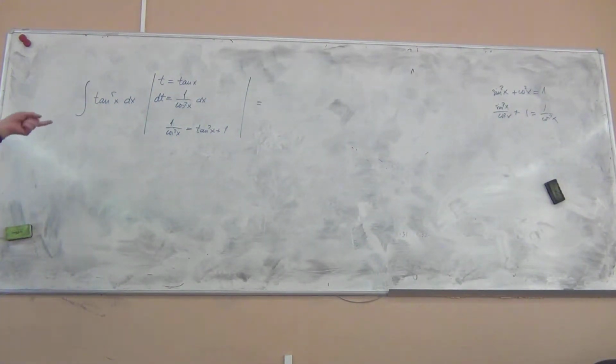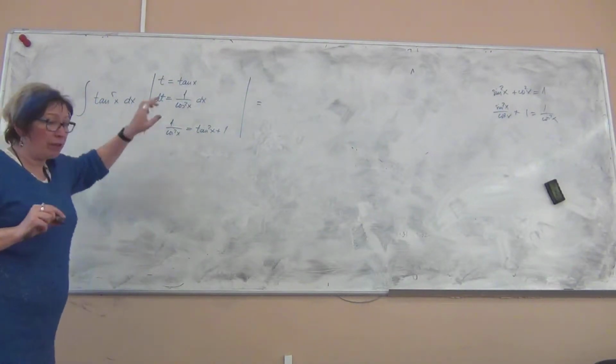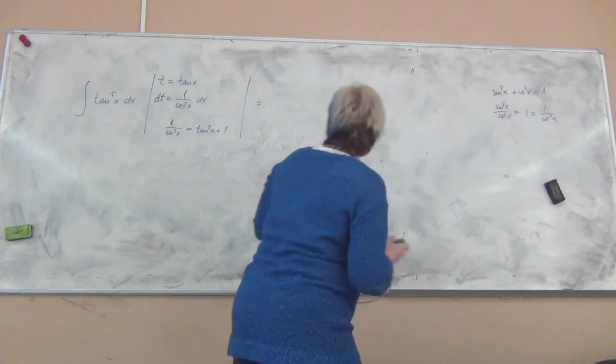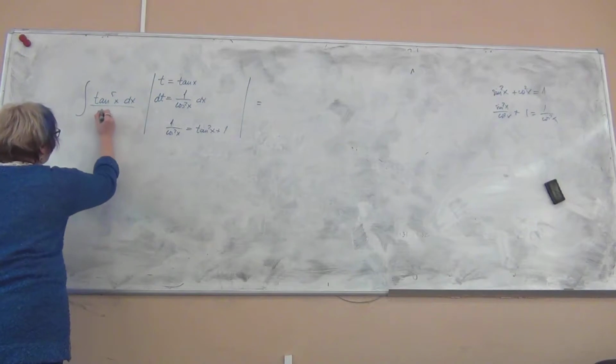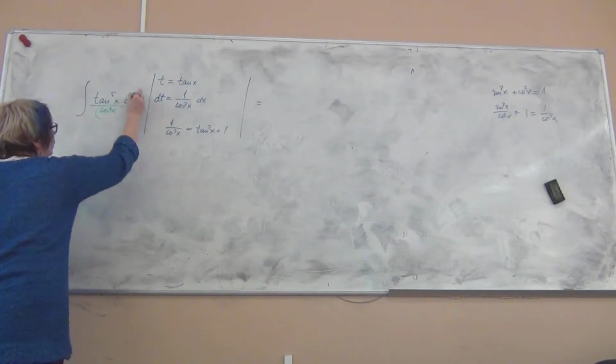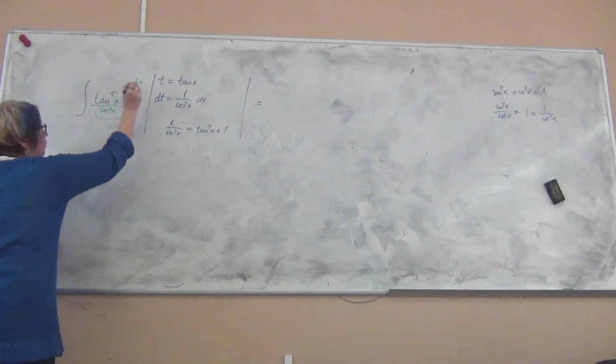So if I want to put dt there, then I would like to divide by cosine squared x. Then this part would be dt, and this means that I have to multiply also by cosine squared x.